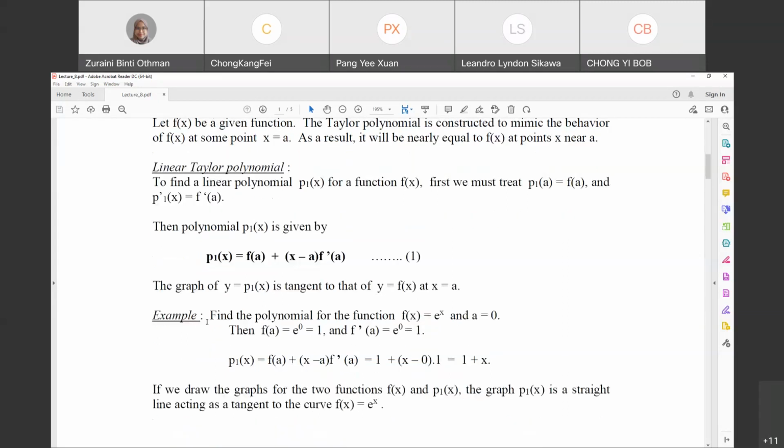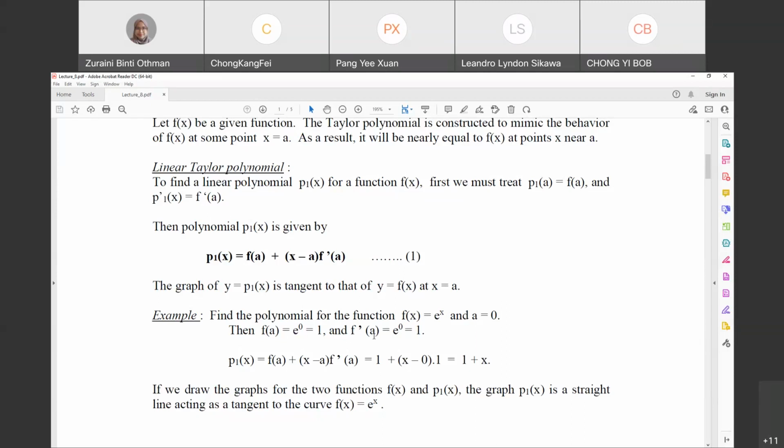Okay, then example. Jika kita ada find polynomial for function f(x) equal to exponent x and a equal to 0, at point 0, then f(a) equal to exponent 0 because our a is equal to 0 here, and exponent 0 is equal to 1. Then if you want to find the derivative at a, which is exponent 0 also, kenapa tahu tak kenapa?